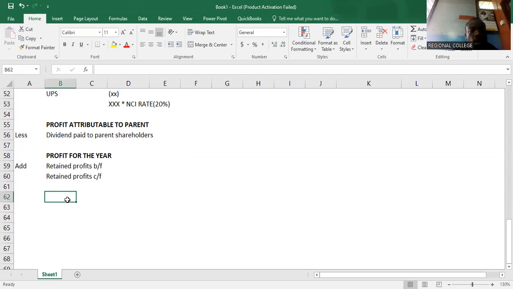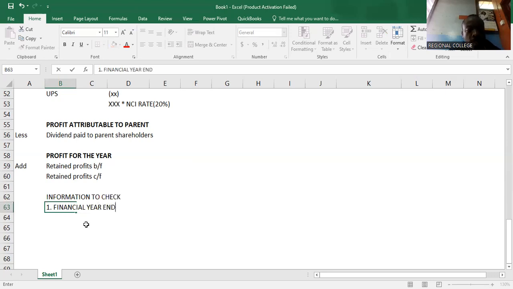And we are dealing with the subsidiary, there are certain things that you need to check, so that things don't go wrong. Information to check. Number one, financial year end. The year is ending on when?